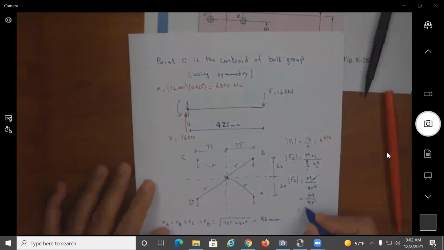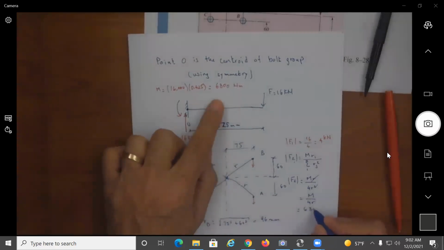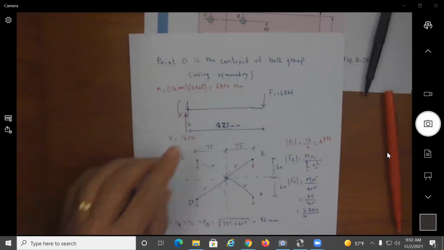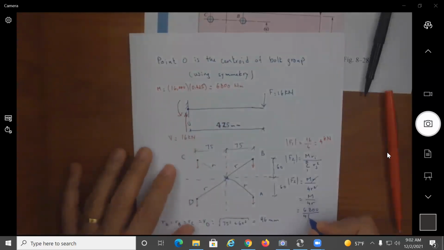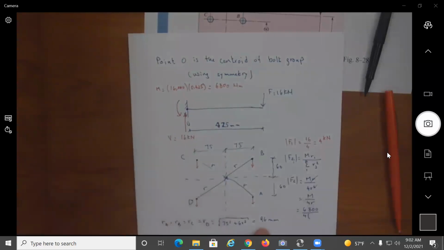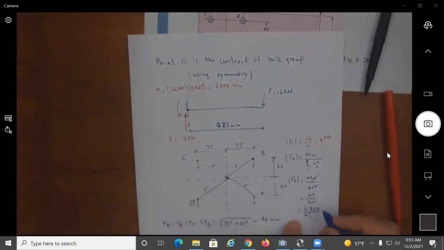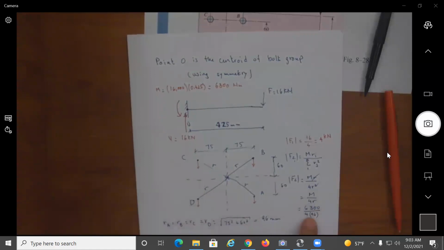This is equal to 6,800 divided by 4 times this distance, which is 96 millimeters, right? This is in Newton meters, so it is like doing times 10 to the power 3.